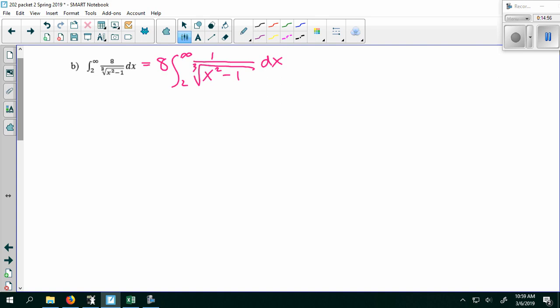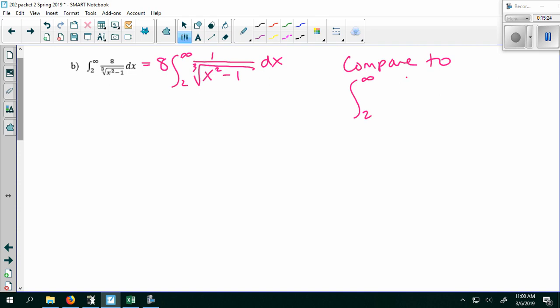All right, so I have to think about what to compare to. The integral from 2 to infinity compared to a similar integral on a similar interval, and I need something whose convergence or divergence behavior I know. So I think I'm just going to drop the -1.